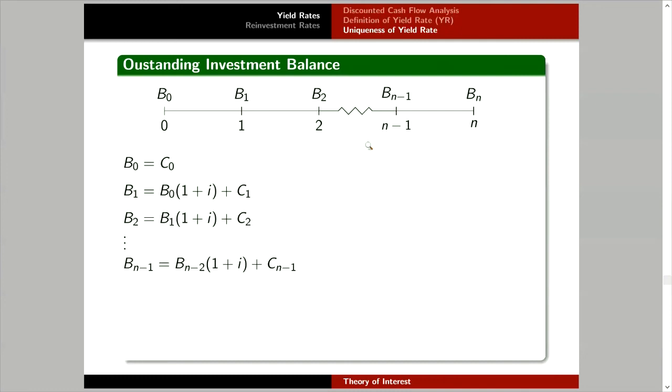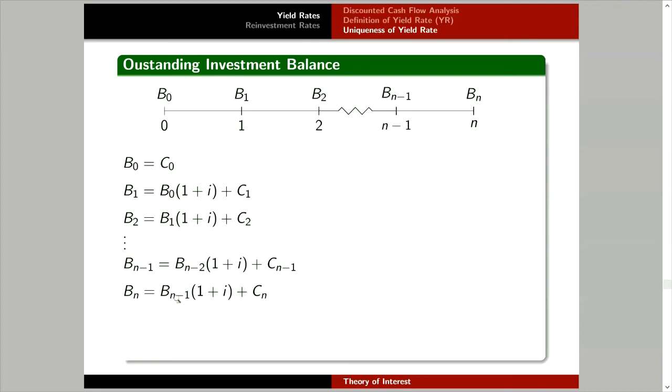And then we have B sub n minus 1. And then finally, we have the outstanding investment balance at time n. Actually, we can substitute here. Itong B sub n minus 1, you can replace it, kasi alam naman ninyo na B sub n minus 1 is equal to this one.